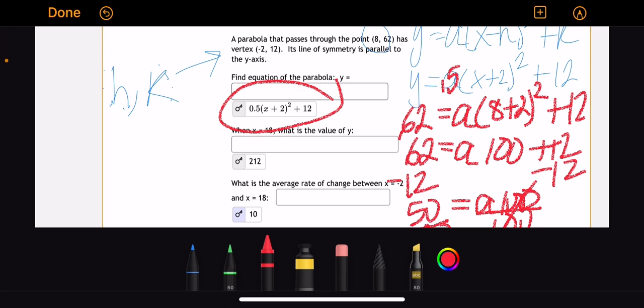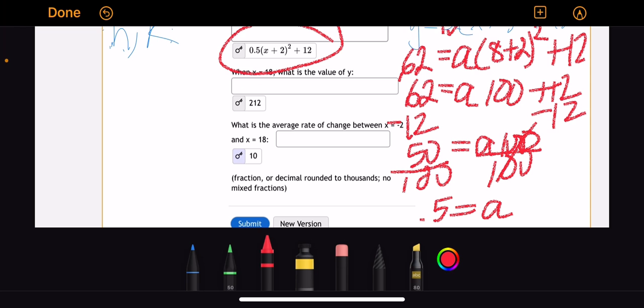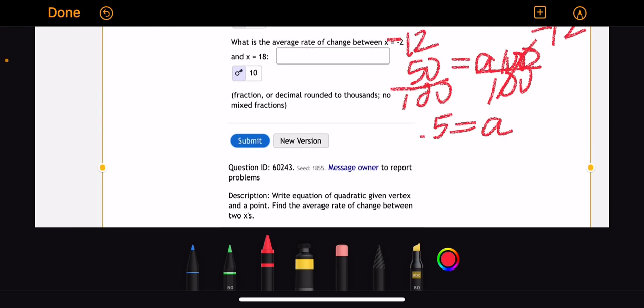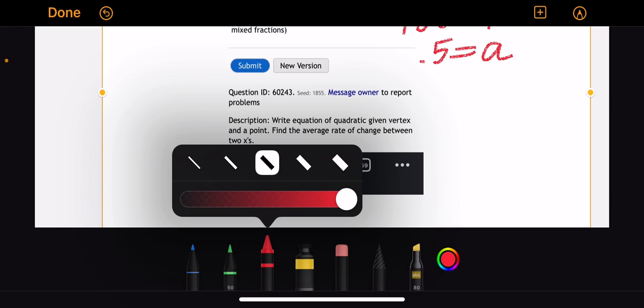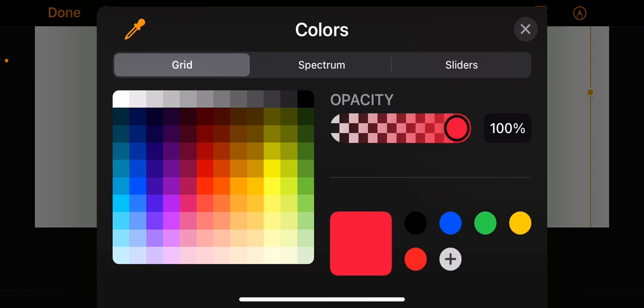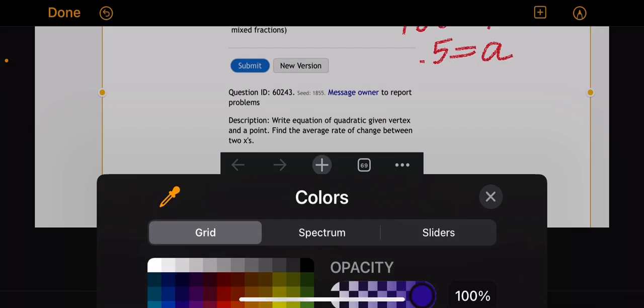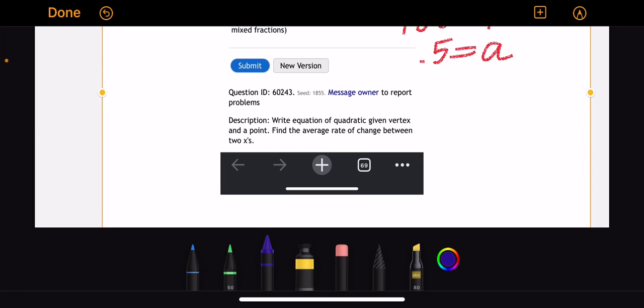Now the other question says, when x is 18, what is y? So now you just plug it in, right? Okay, so let me change colors here. So you go y equals 0.5, and then when x is, what did they say again?